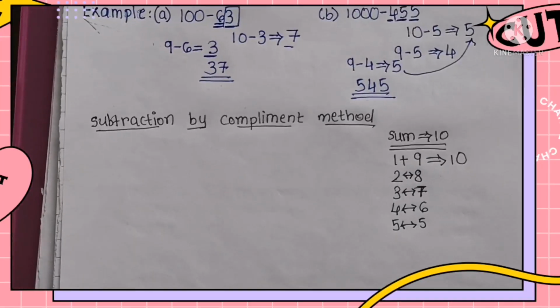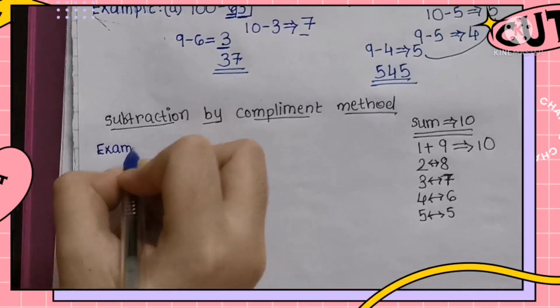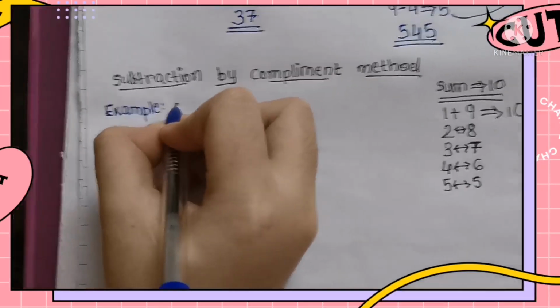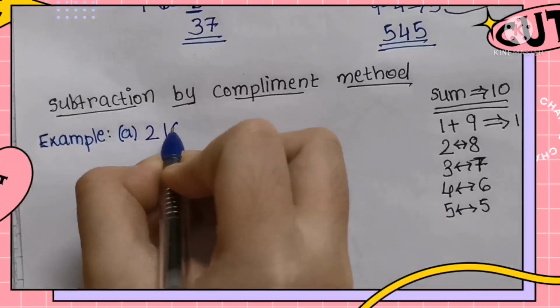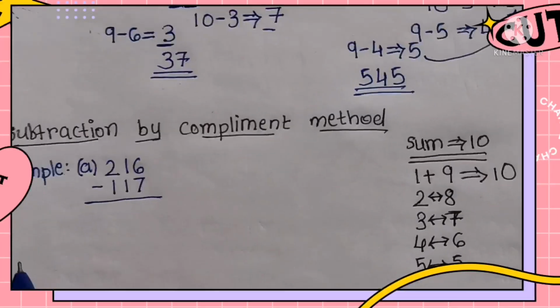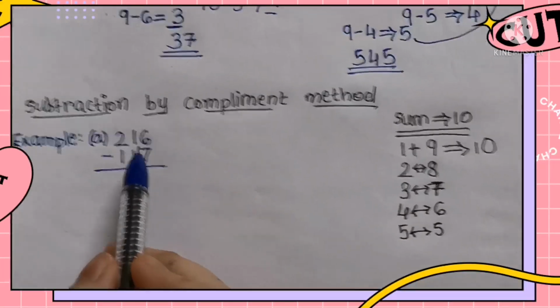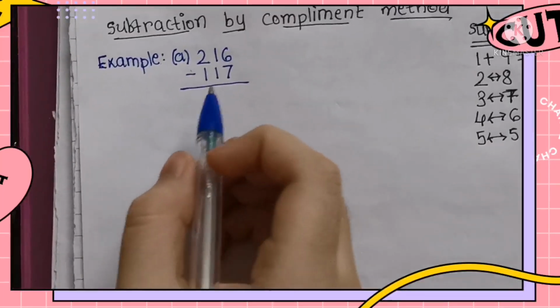This concept will be more understandable with some examples. So let's see our first example. The number is 216 minus 117. Every time we start from the right side, but this time we will start from the left side. So let's start.